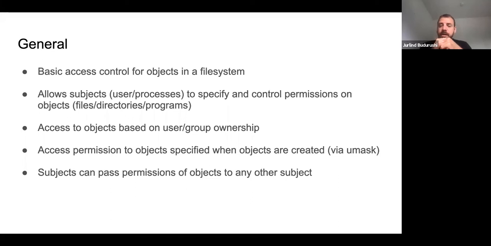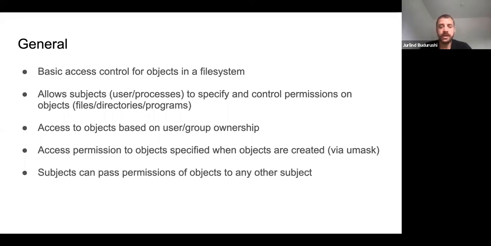This discretionary access control specifies the permissions. So access to an object is based on user, group and ownership. And access permissions to objects are specified when objects are created. So when you create an object, it just gets the permissions that are set by default.